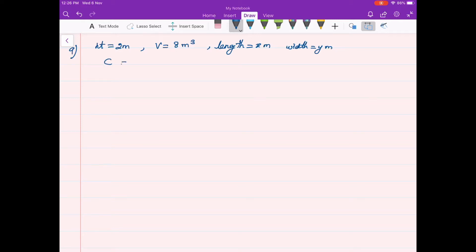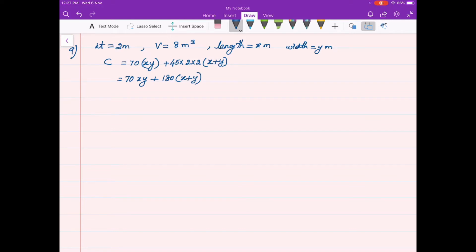Area of the base is x into y and the cost is 70, and area of the four walls is 2h into L plus b. 2 into h is 2, L plus b, x plus y, and this cost is 45. We get 70xy plus 180 times x plus y.